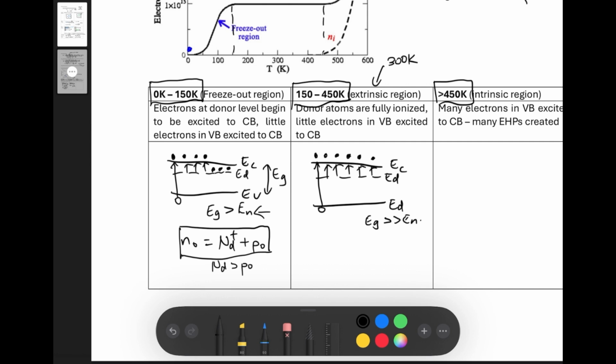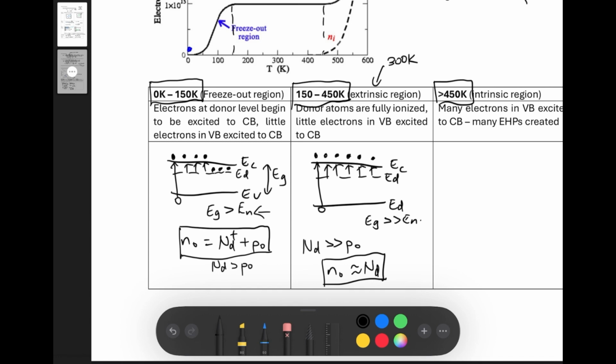Because all of the electrons in the donor energy level are already excited, the donor concentration is much larger than the hole concentration in the valence band. Because ND is much larger than P0, we can ignore P0 because it's orders of magnitude smaller, and let N0 be approximately equal to ND.